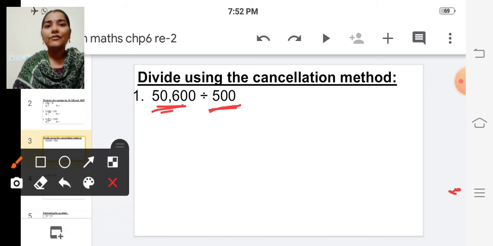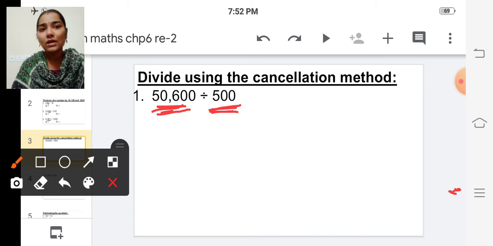So here 50,600 divided by 500. So here both dividend and divisor end with zeros, isn't it? So we can cancel only the common number of zeros, not all the zeros. Okay, only the common number of zeros. So if we cancel 1 zero in the dividend, then we have to cancel 1 zero in the divisor.